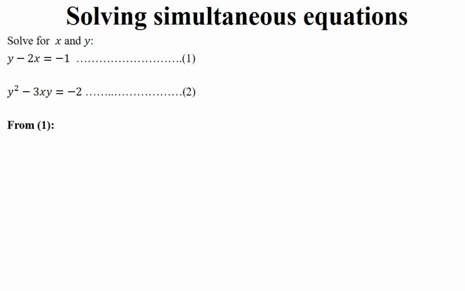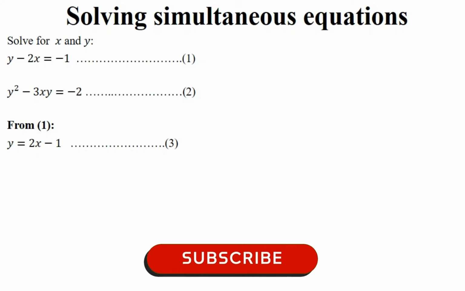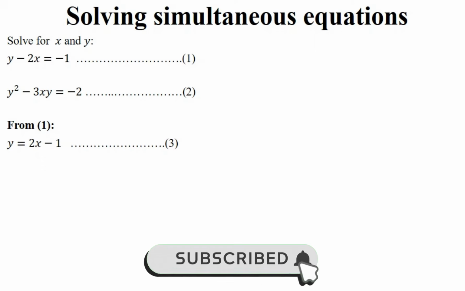When we take equation 1, we make one of the two variables the subject of the formula, and when doing so we avoid having fractions. In this case, I decided to make my y variable the subject of the formula. So my equation 3 becomes y is equal to 2x minus 1.